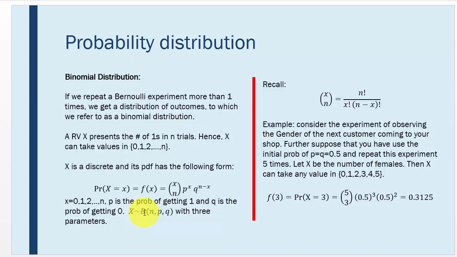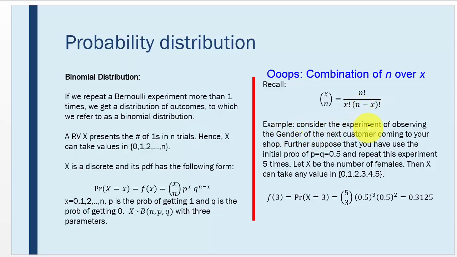X has binomial distribution with parameters n, p, and q. Recall that n choose x is equal to n factorial divided by x factorial times (n minus x) factorial.